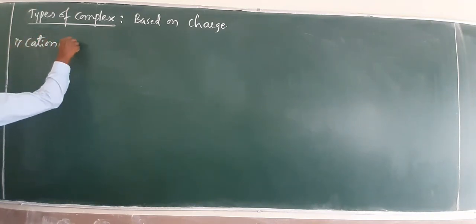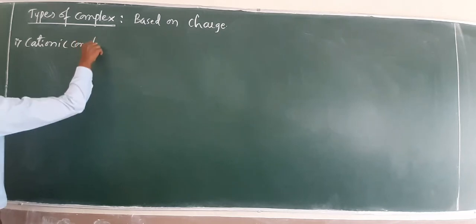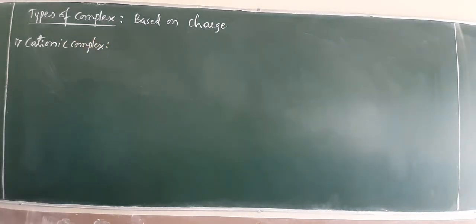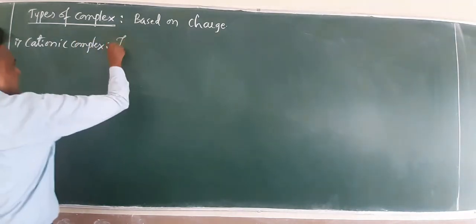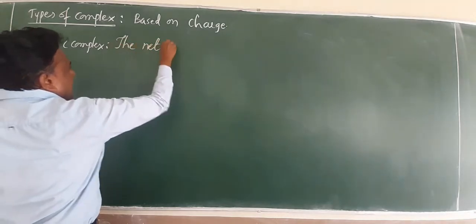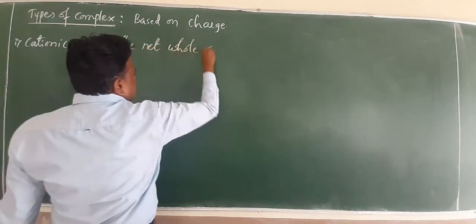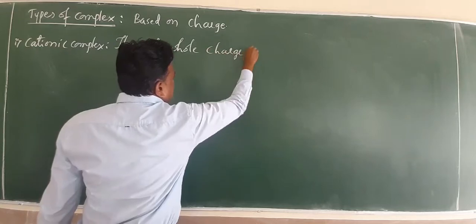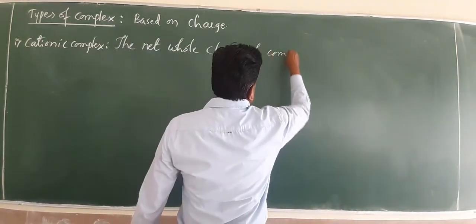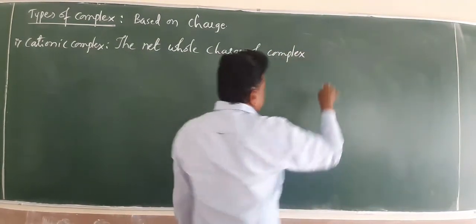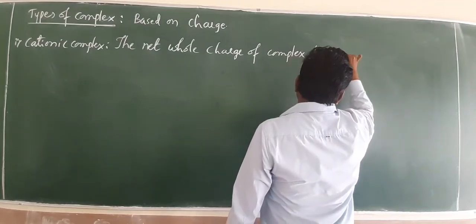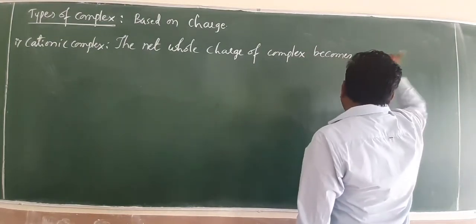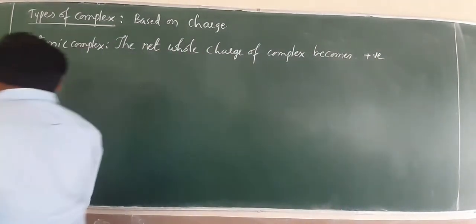Cationic complex. Very simple. The net whole charge of the complex becomes positive.